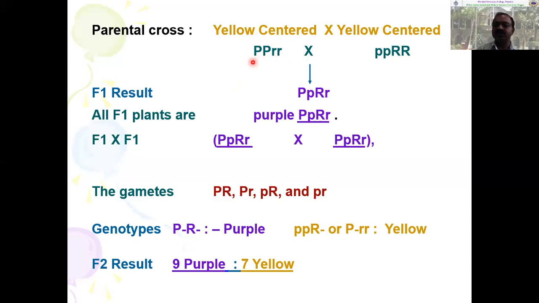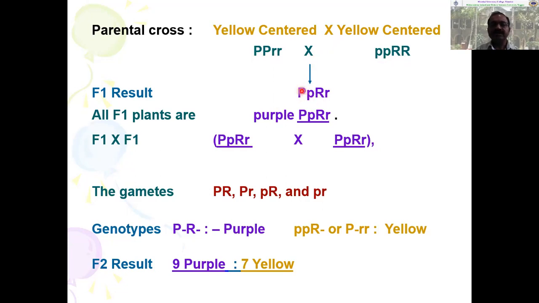So look at the genotypes here. Since it is a duplicate recessive epistasis, whenever there is either small pp or small rr, it will be a yellow center variety. But whenever capital PP small rr is crossed with small pp capital RR, F1 will be capital P small p capital R small r. That means it is heterozygous for both pairs of alleles.